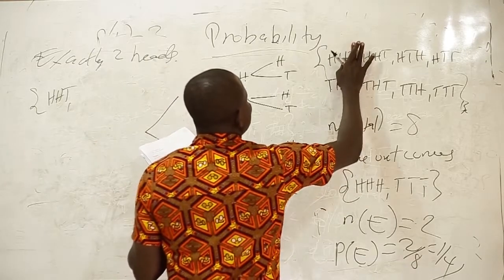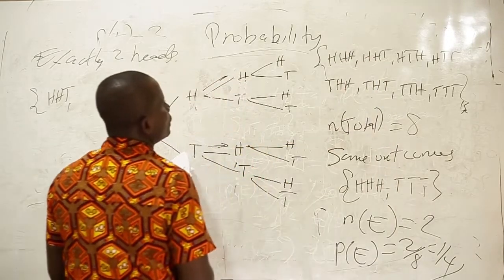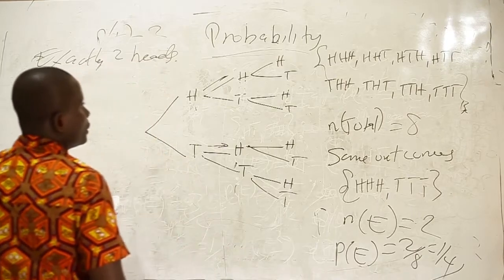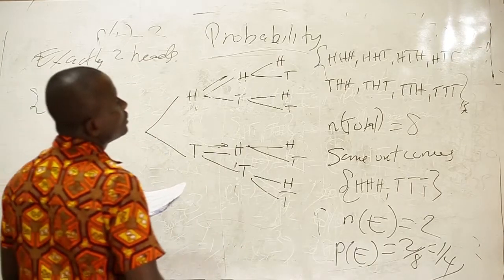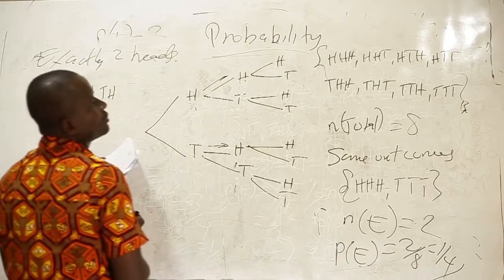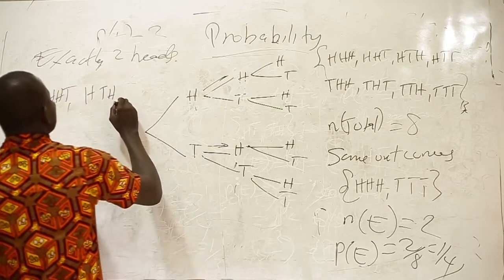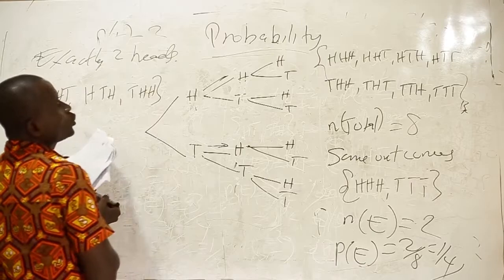Oh, the top one is HHH, sorry. Okay. So it is HHT, then HTH, right? Then THH. These are having exactly 2 heads.